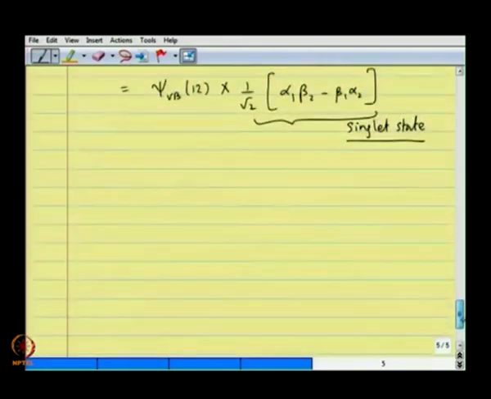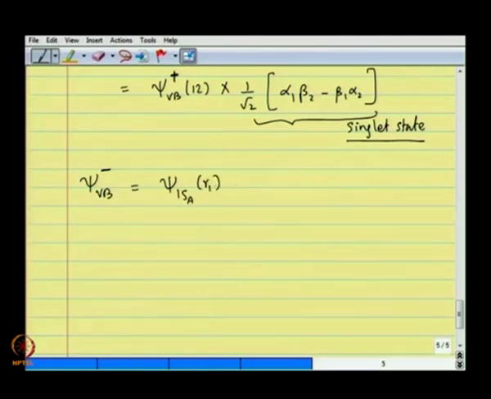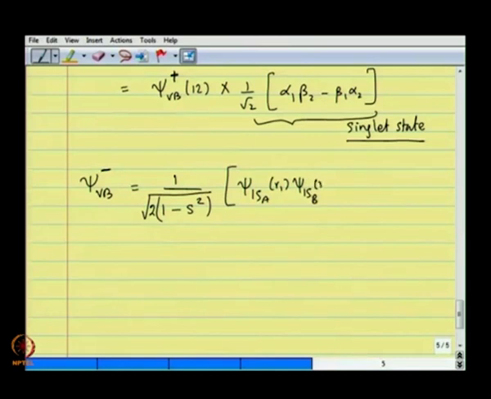On the other hand, if we take the linear combination of psi Vb, let us call this plus, and if we take the linear combination minus, we do not need the constants, I know what this constant is, it is easy to verify that it is 1 minus s square into square root 2, you will get the combination psi 1s A r1, psi 1s B r2 minus psi 1s A r2, psi 1s B r1.